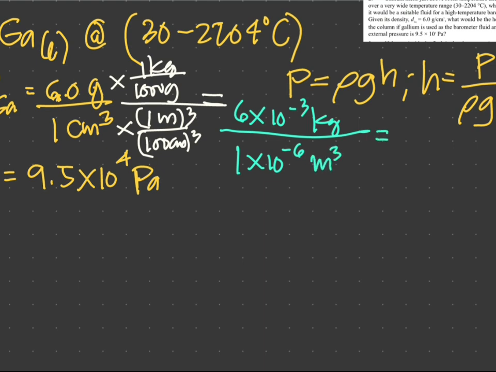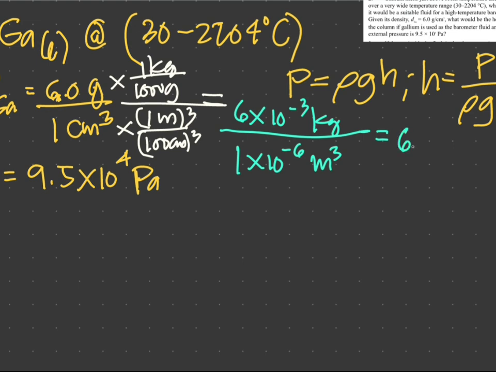Then we simplify. 6 times 10 to the negative 3 divided by 10 to the negative 6.